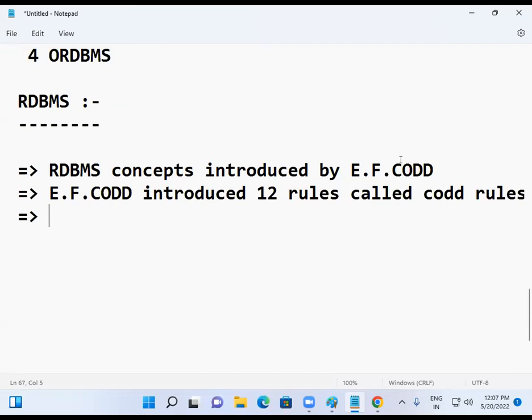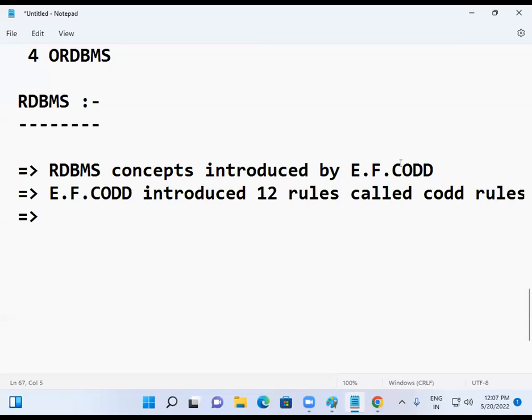Take OOPS. OOPS comes with some features. What are those features? Abstraction, encapsulation, inheritance, polymorphism. They are object-oriented programming concepts. RDBMS also comes with some features, 12 features.